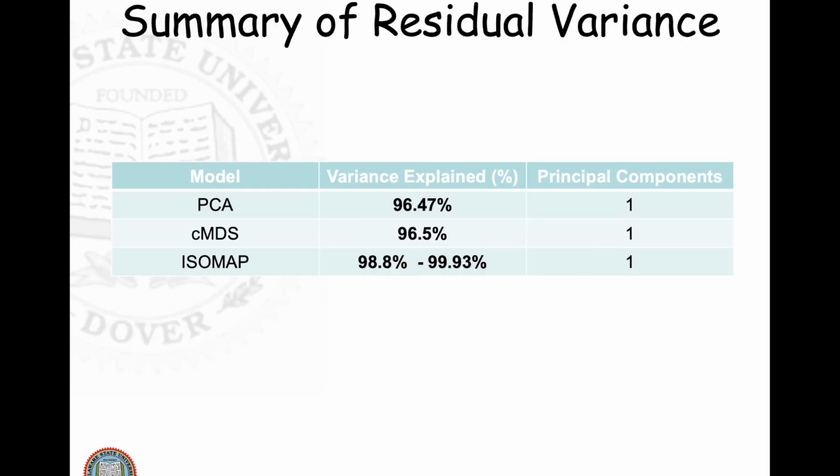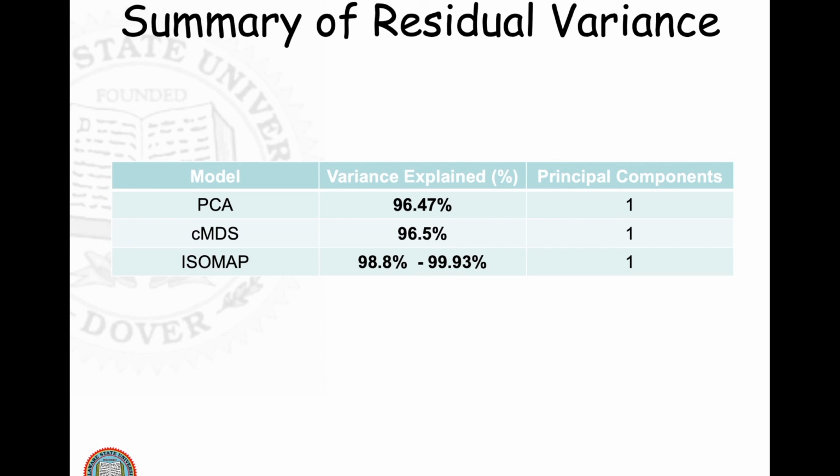Here's a summary of residual variance, and here we look at just the first principal component and the amount of variance explained for PCA versus classical MDS, which we talked about, and ISOMAP. And so we find for the first principal component, ISOMAP, depending on the k-nearest neighborhood size, gave the highest amount of variability explained in the first principal component.